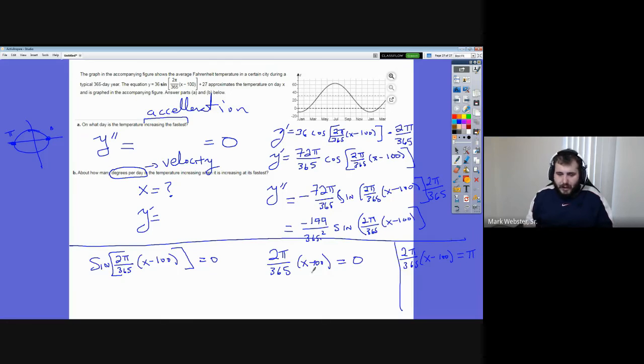So, okay, this one, we multiply the reciprocal over to the other side, and that cancels out with the 0, and so we're left with x equals 100. A 100 days in, that's somewhere in here, right? Maybe a little bit into April.